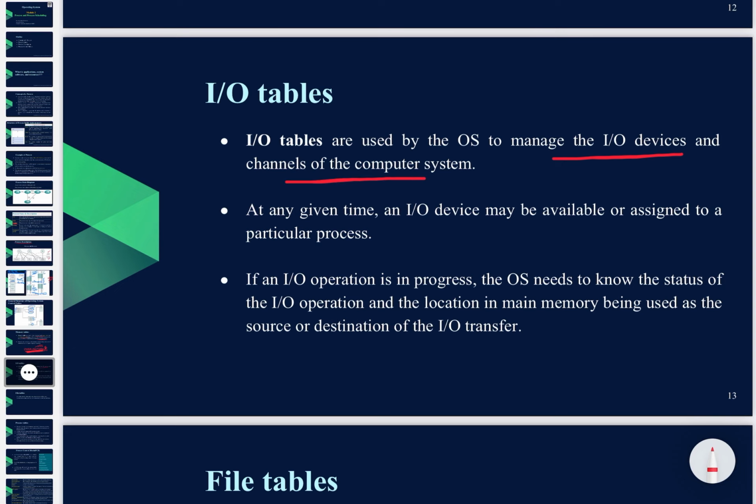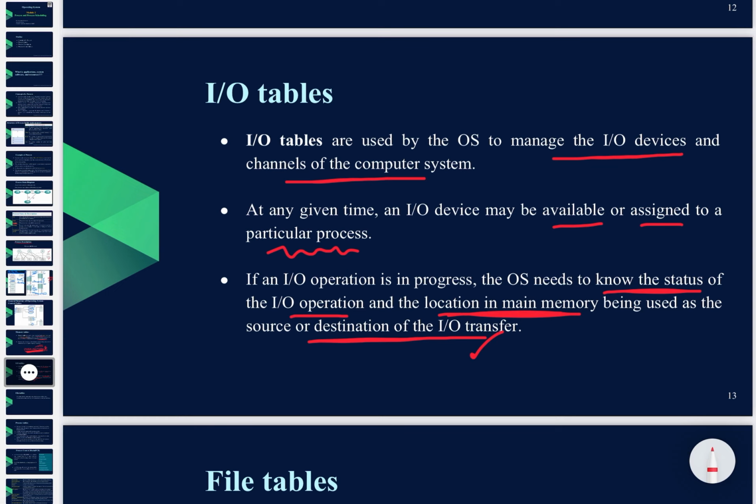At any given time, an input-output device may be available or assigned to a particular process. If an input-output operation is in progress, the OS needs to know the status of the input-output operation and the location in the main memory being used as the source or destination of the input-output transfer.